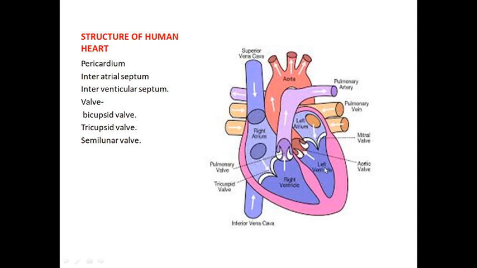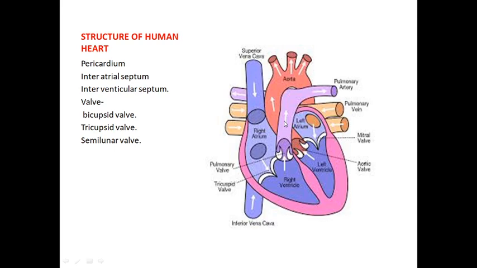Another name is the mitral valve. Next, the tricuspid valve is present between the right auricle and right ventricle. Next is the semilunar valve. The semilunar valves are present in the aorta and pulmonary artery.